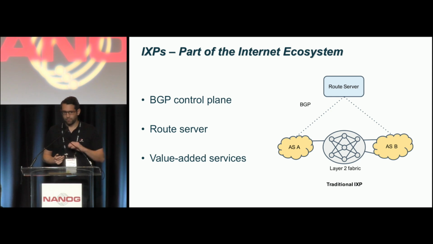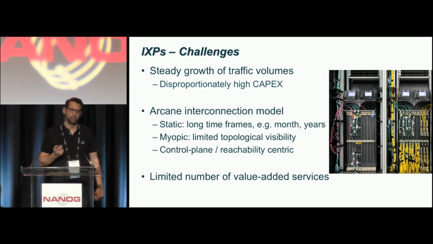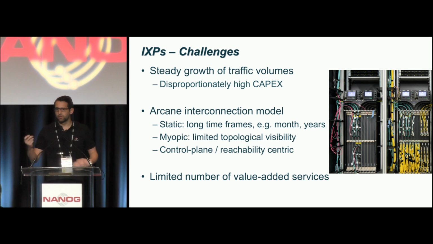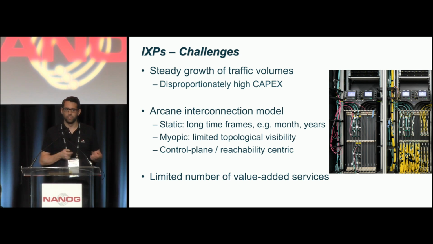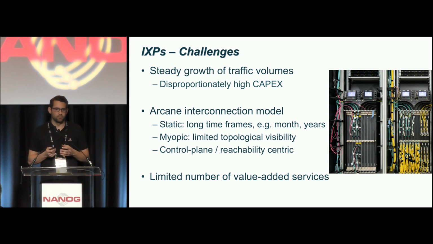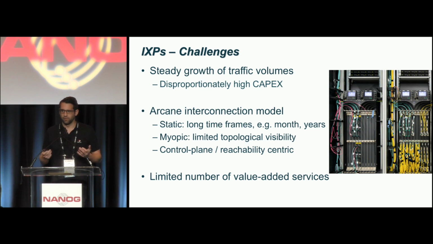But given this setup, IXPs also face challenges. Like most of you in your networks, the traffic is growing. We need to do something to keep up with the demand for growing traffic rates, and we want to maintain quality. This also holds true for IXPs. We have a steady growth of traffic volumes at the IXP.